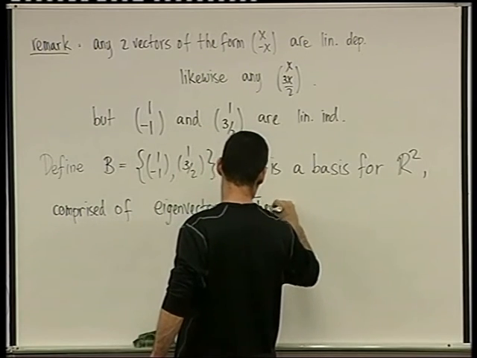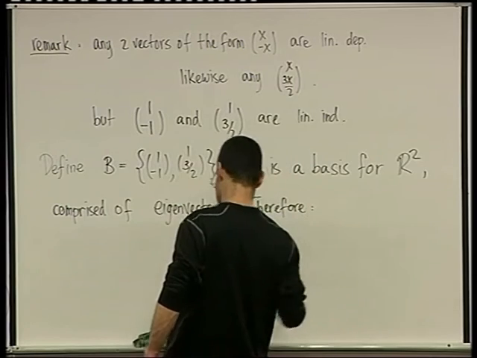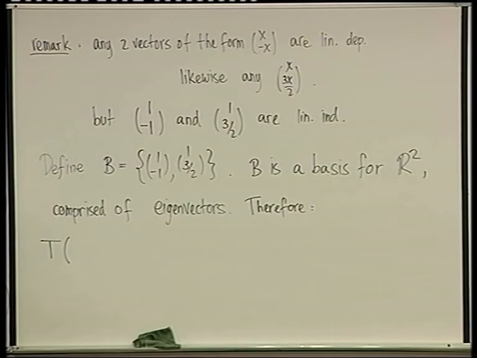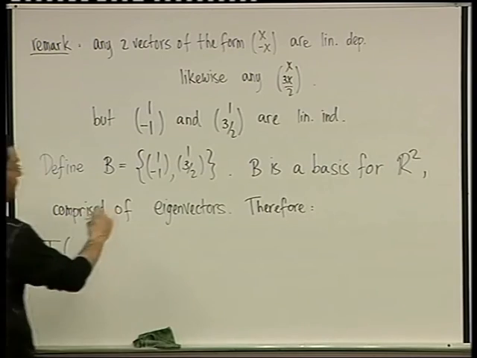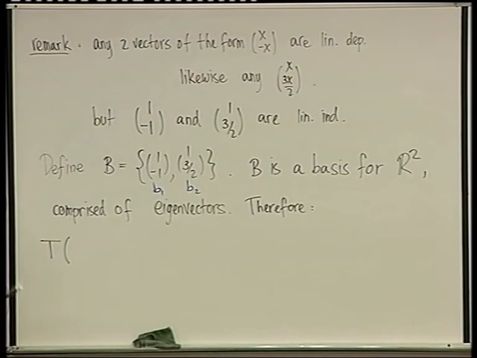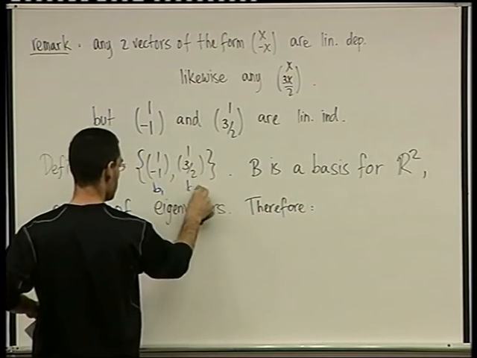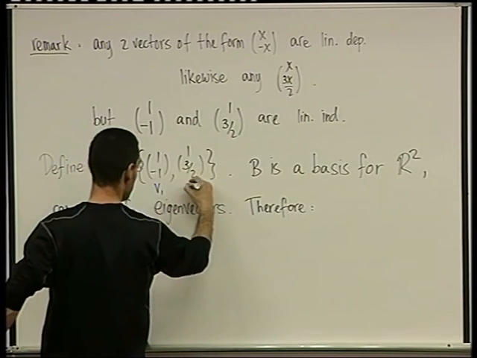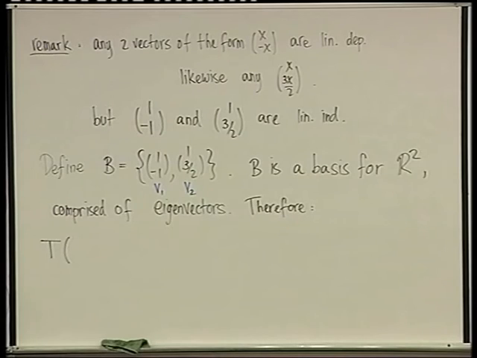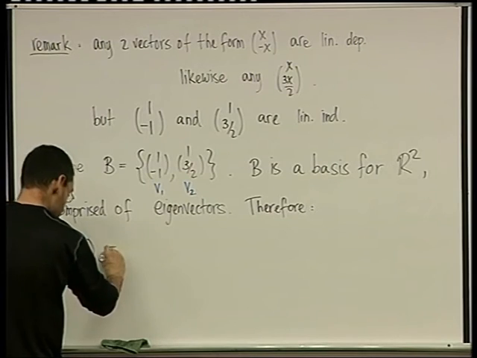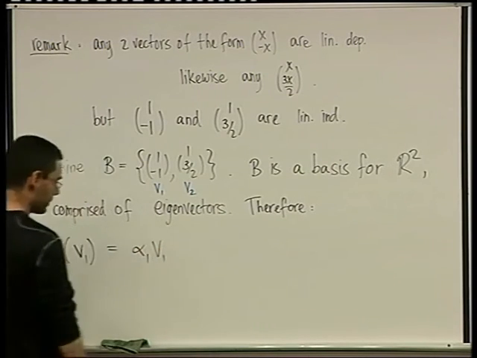Therefore, if we take T, let's give them names. Let's call this guy little v1, and this one little v2, right? So T of v1 is precisely alpha 1 v1, right?